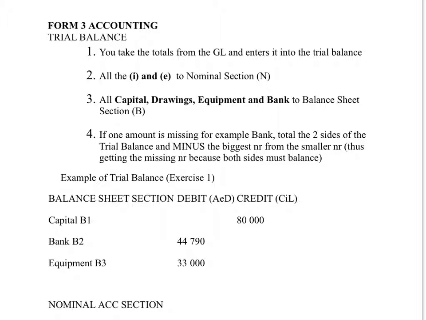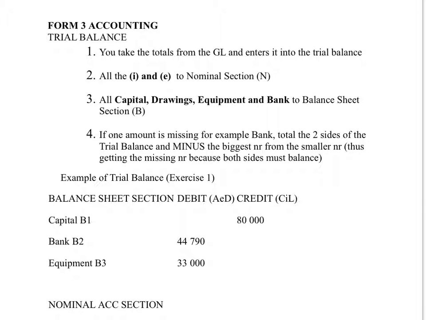Now, should they give you a trial balance and there is one amount missing, for example, bank or capital or equipment, what you're going to do is you will total the two sides of the trial balance. Then you're going to minus the biggest number from the smaller number because you need to balance your trial balance to the same total on both sides.